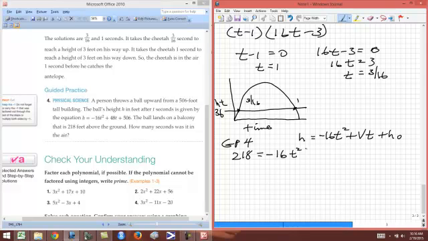And how fast is he? Oh, he throws it at 48 feet per second, so plus 48t plus 506. Okay, so we're going to put it into standard form, and we're going to factor it, and then we're going to use the zero products property to find the answer. So we're going to subtract 218 from both sides.